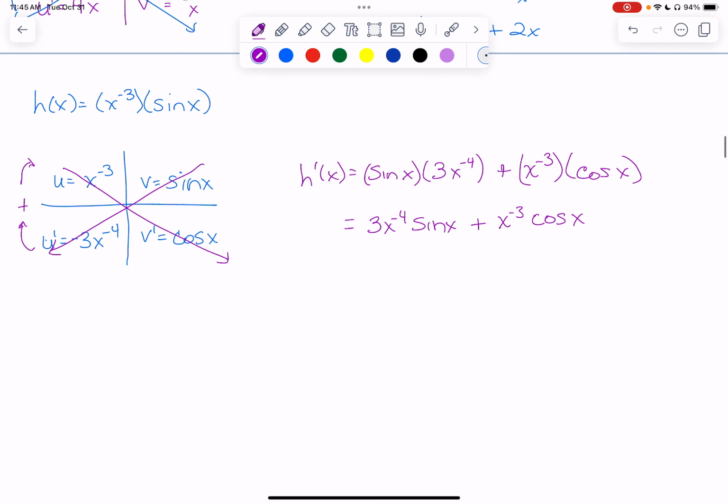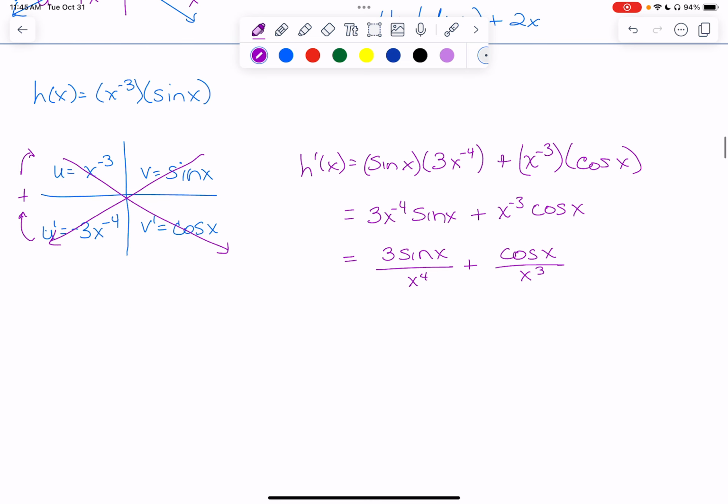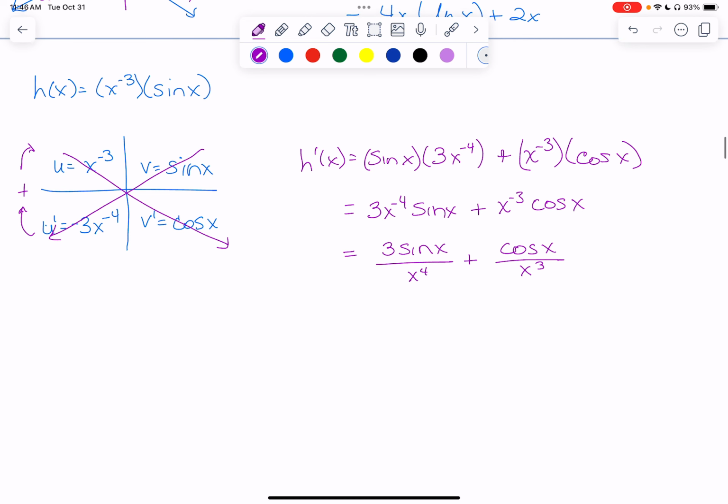Or I can take those negative exponents and put them in the denominator, and I'd have 3 sine x over x to the fourth power plus cosine x over x to the third power, right? You could always go and get a common denominator there by multiplying that second term, this last term right here, by an x on the top and bottom, and I could combine my numerator terms. So I trust you can do that.